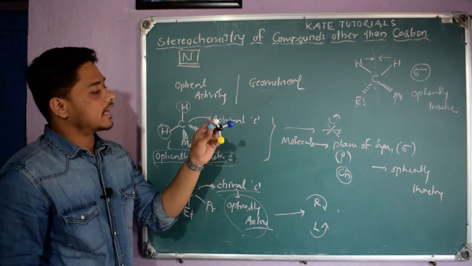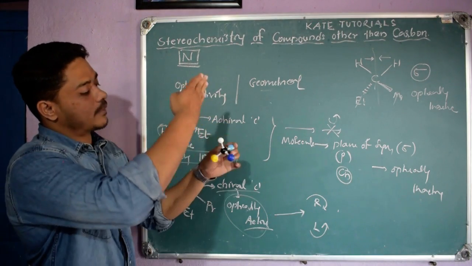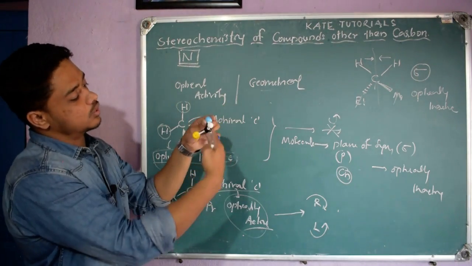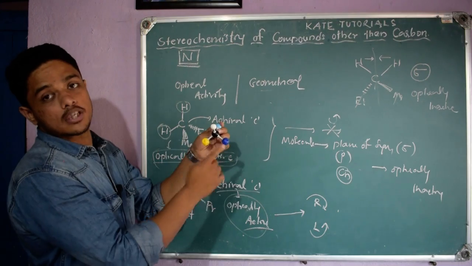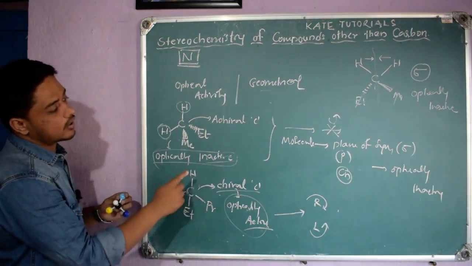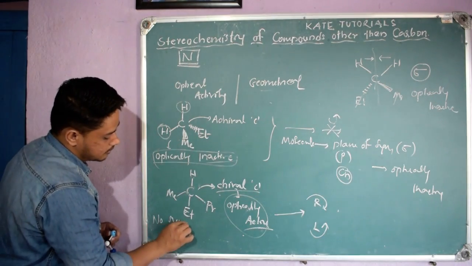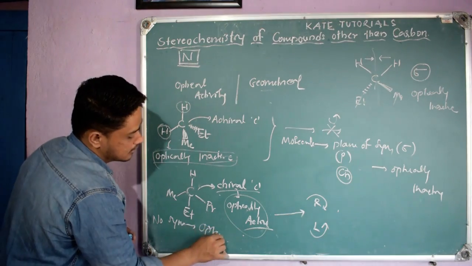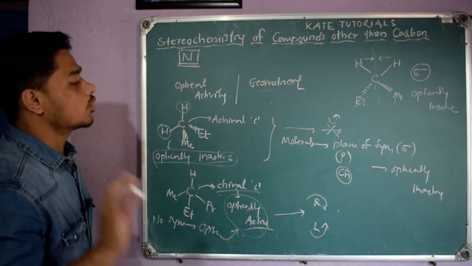So here it can't have any plane of symmetry, center of symmetry, or axis of symmetry, because see, if I pass a plane like this, it can cut these two, but this is not the mirror image of this, because both colors are different, that is both atoms are different. So there is no plane of symmetry or center of symmetry or axis of symmetry. So no symmetry means optically active, which I have written here, right? So this is how you can conclude, right?